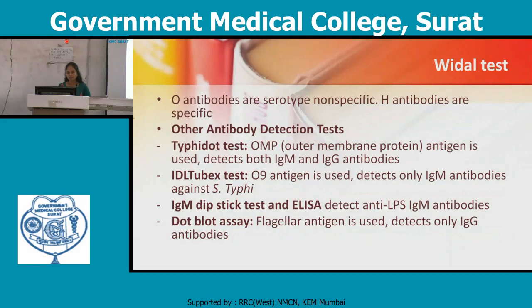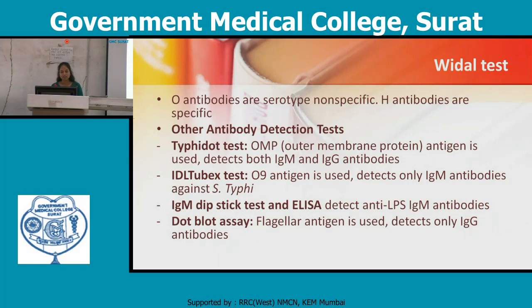Other antibody detection tests: the Typhidot test, where outer membrane protein antigen is used, detects both IgM and IgG antibodies. In the IDL Tubex test, O9 antigen is used and detects only IgM antibodies against S. typhi. IgM dipstick test and ELISA detect anti-lipopolysaccharide IgM antibody.